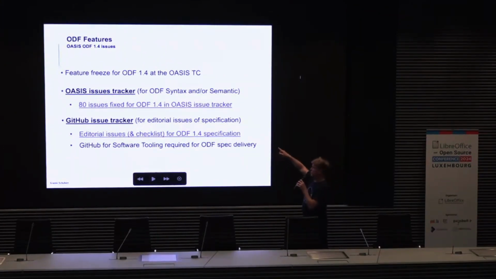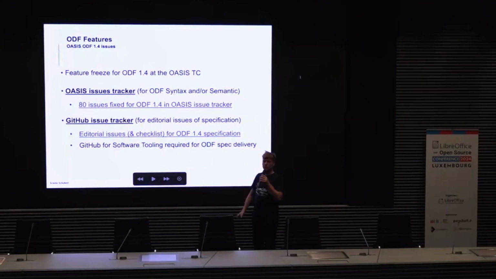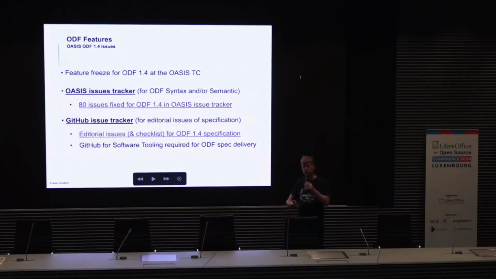So we have links to two issue trackers. One is the Jira issue tracker, and it lists the semantic changes that we put in the spec. In the appendix at the end of the spec, you can click on an entry and it jumps to the issue, where the details have been written. The other issues that we want to keep track of are the GitHub issues. Before 1.3, we decided that we needed some place where ODF had its own GitHub.